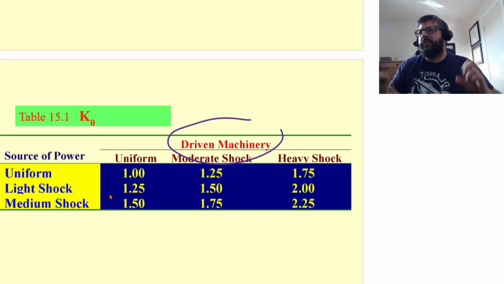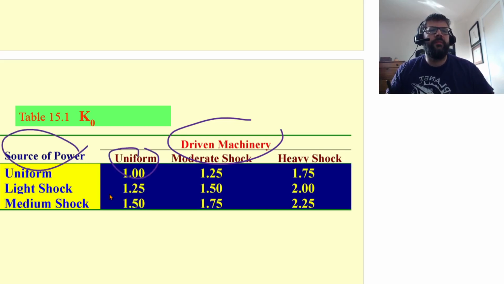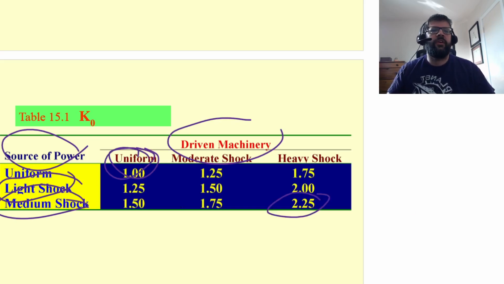If we don't have any pulsing whatsoever, then we're not worried. If we've got some combination of light shock, moderate shock, or heavy shock in our power source and or our users, then that ramps it up, going from 1 over to 2.25 for a combination of a medium shock power source and a heavy shock load.